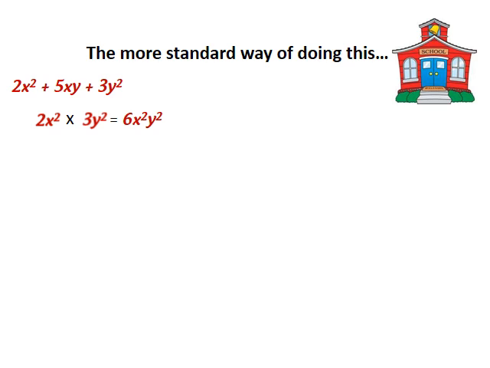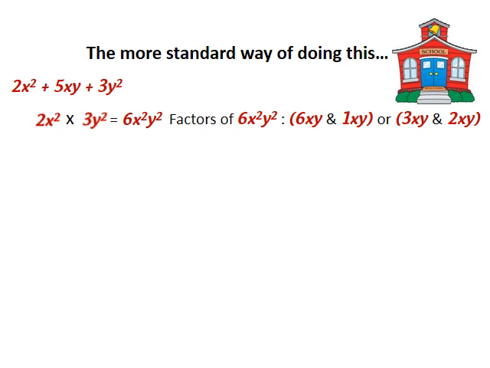And then we have to find out the factors of this 6x squared y squared, whose addition would give us 5xy. So what would be the factors? So 6xy and 1xy, or 3xy and 2xy.